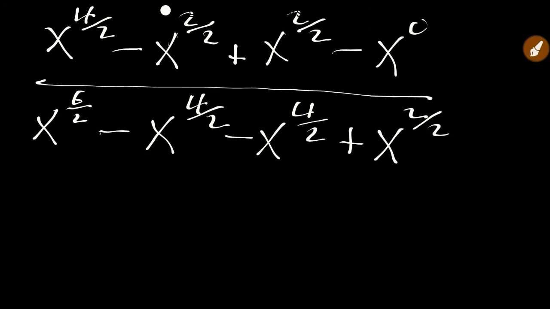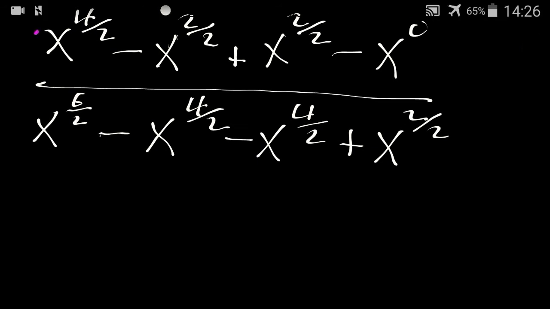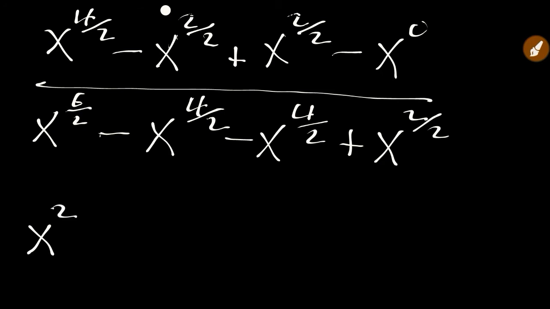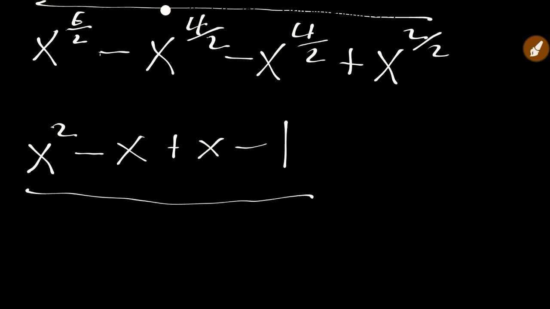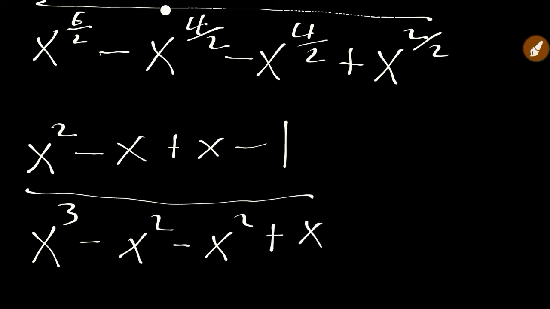So let's continue. Our numerator will now be x² - x + x - 1, because x raised to power 0 is 1, all over x³ - x² - x² + x.